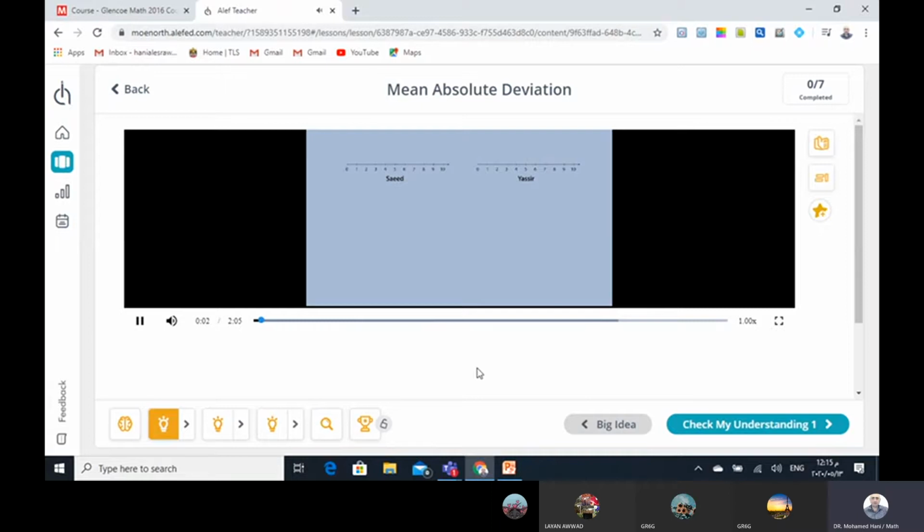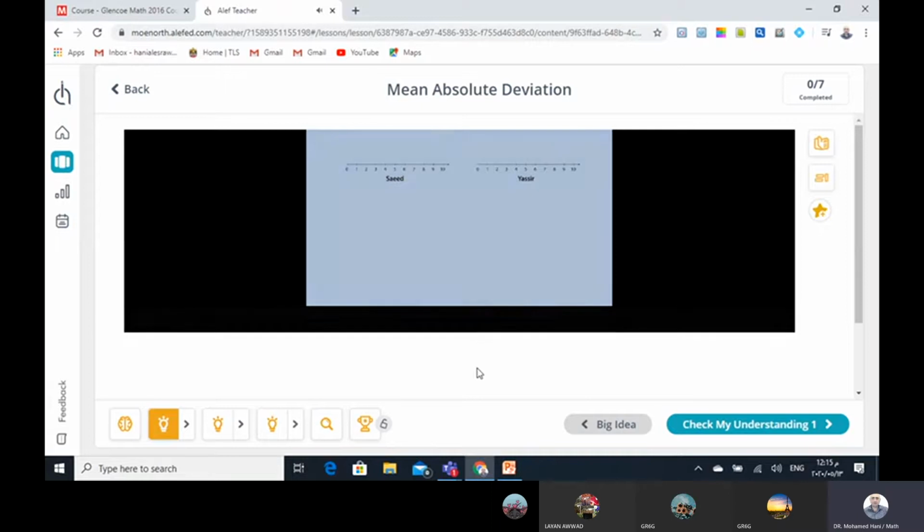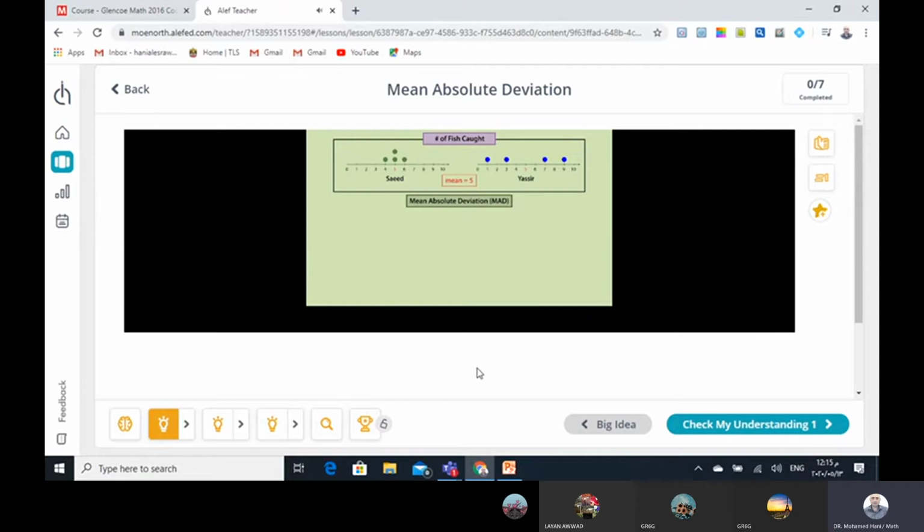Saeed and Yasir both went fishing 4 days this week. The dot plots summarize the number of fish caught by each boy. The mean number of fish caught is 5 for both of them. We can describe the spread of the values by calculating the mean absolute deviation, or MAD.